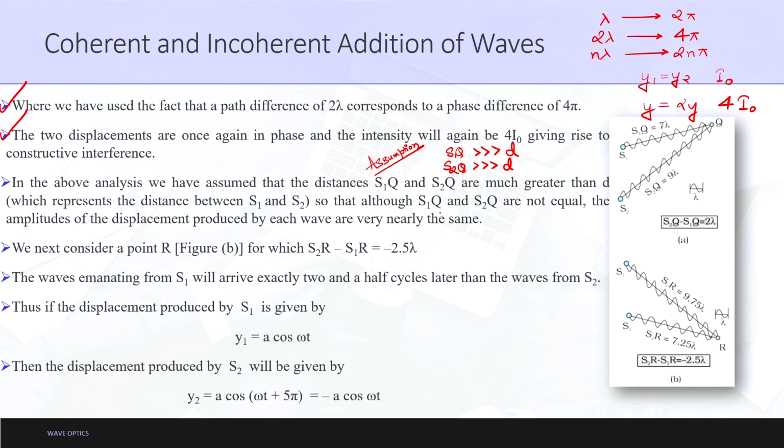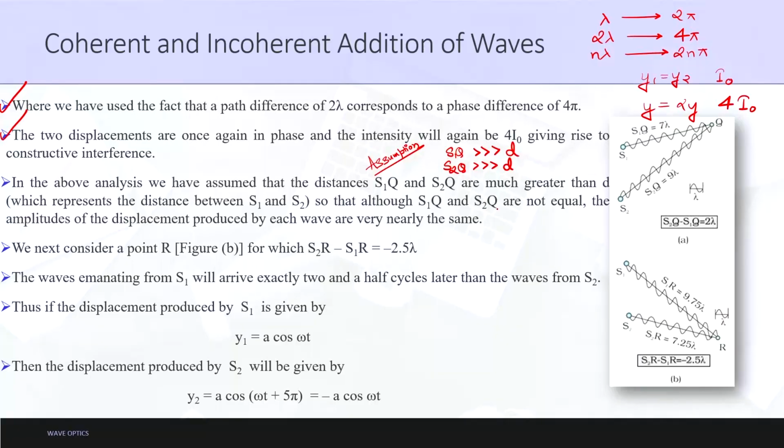So, although S1Q and S2Q are not equal, the amplitudes of the displacement produced by each wave are very nearly the same. The explanation is quite evident from the wordings only. Even if S1Q and S2Q are not equal, the amplitudes due to them would nearly be the same, because the length is great, there will be no effect due to the different sources in the nearby position.